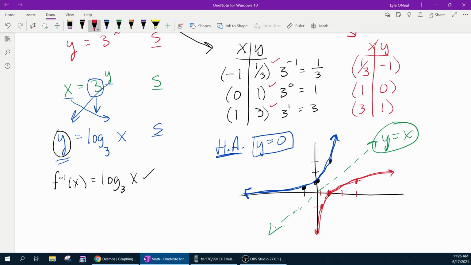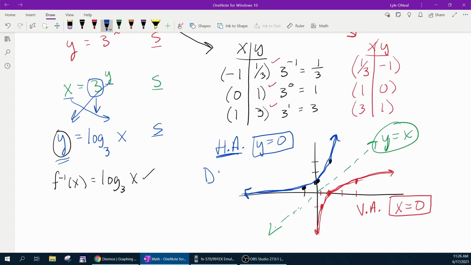Now, for the log function, every log function has a vertical asymptote. Vertical lines are in the form of x equals a constant. And since our vertical asymptote is the y-axis, the vertical asymptote equation is going to be x equals 0.